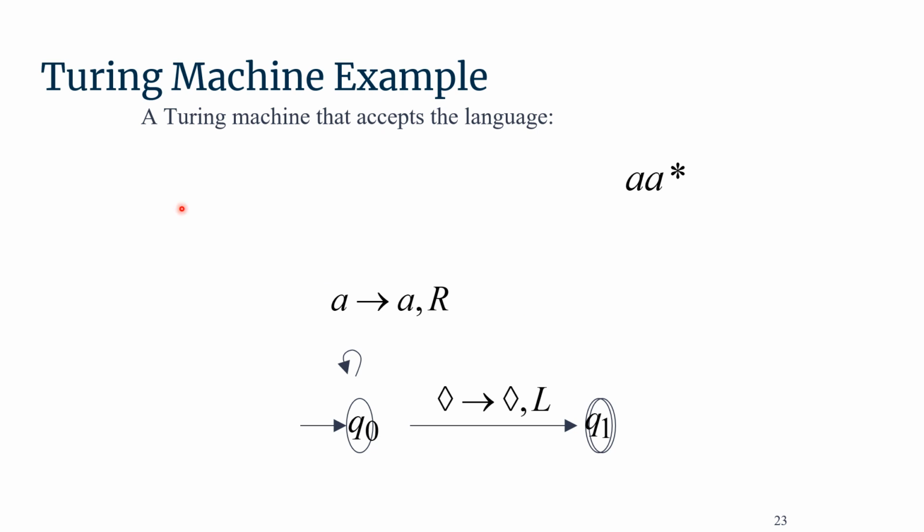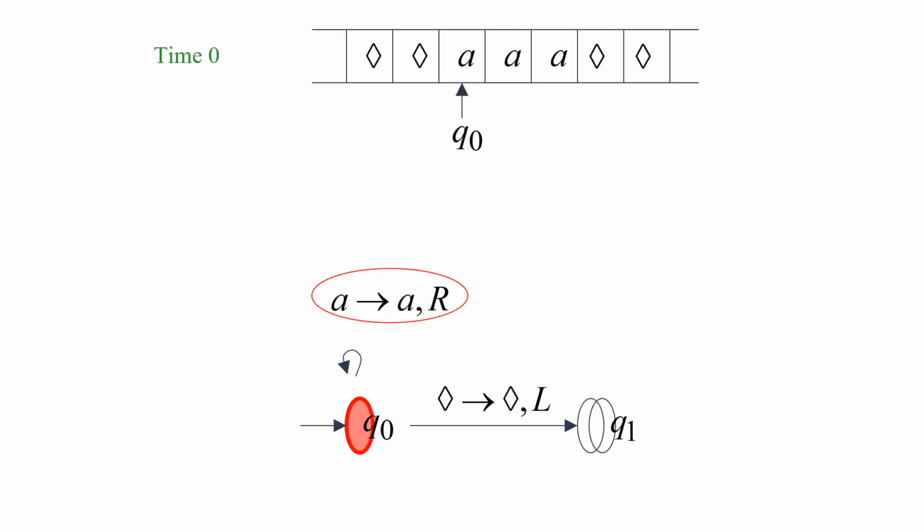Problem. This is a Turing machine example. Suppose we have to design this type of machine. What we are doing here is reading A, writing A in place of A and moving to the right. In this string, if we have three A's, we read this A, in place of this A we write A and move to the next state.